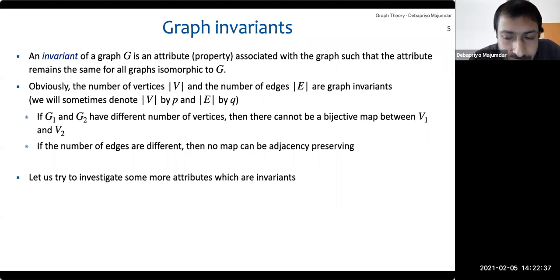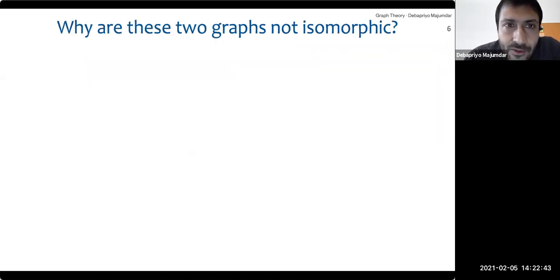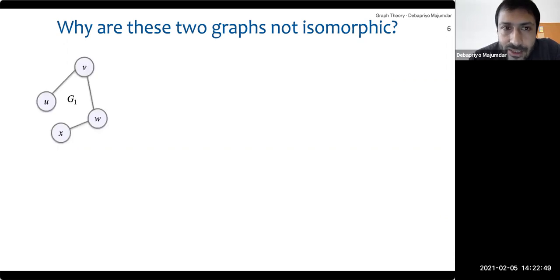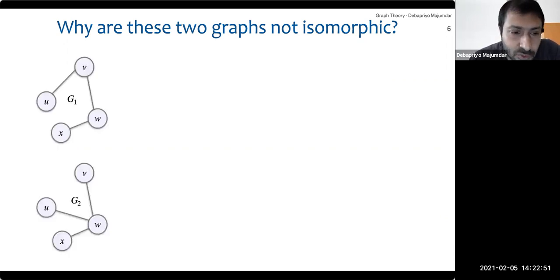One of you said, can we check with degree, right? So let's try to see. Before going into that, let's go back and look at our example of G1 and G2. We said that these two graphs are not isomorphic, right? And why?